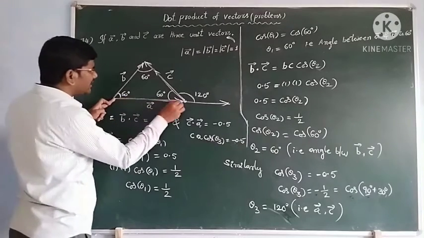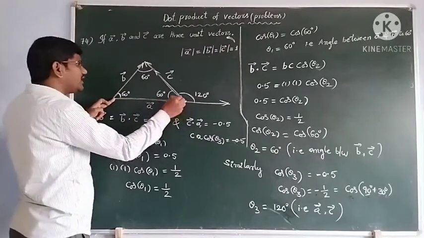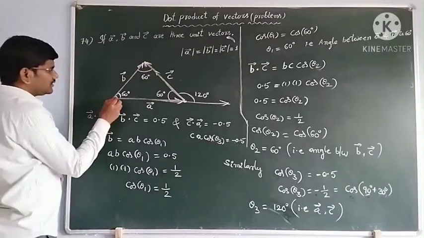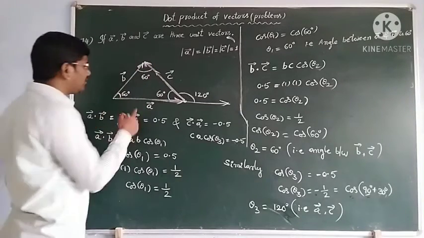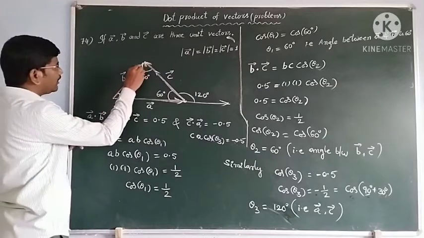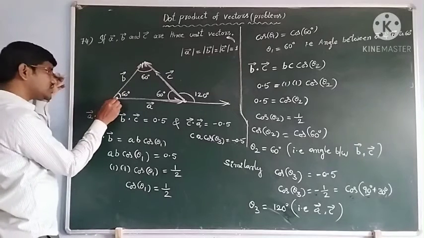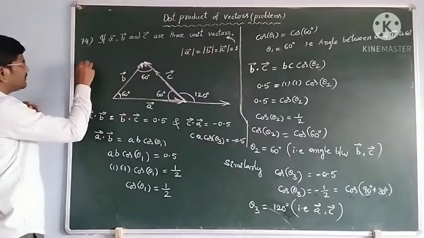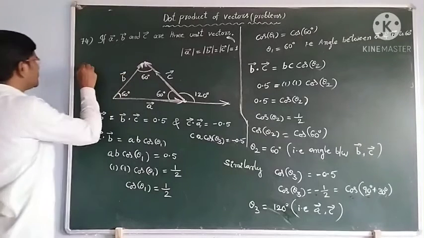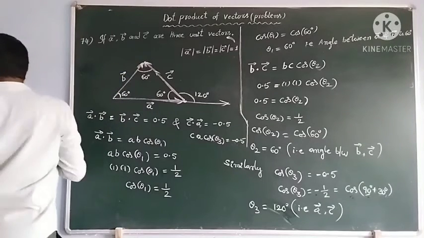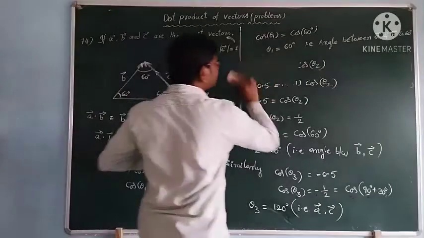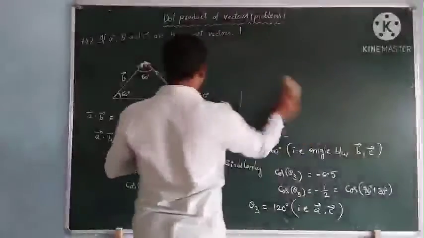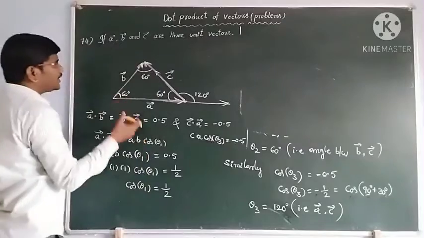The initial point starts here, and at this point C bar starts. Then the addition of these is called B bar. So the initial point of the first vector to the final point of the second vector is B bar.